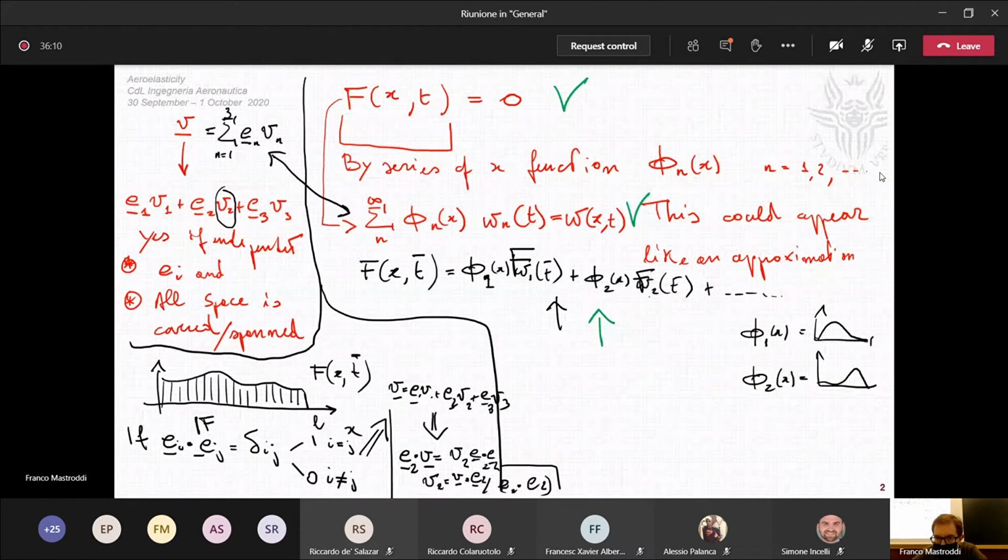And what I prescribed in the equation is that capital F is 0. Instead of saying capital F is 0, we say this series has to be zero. Of course. But if the basis functions are independent, the fact that capital F is 0 implies that all the f components are 0.